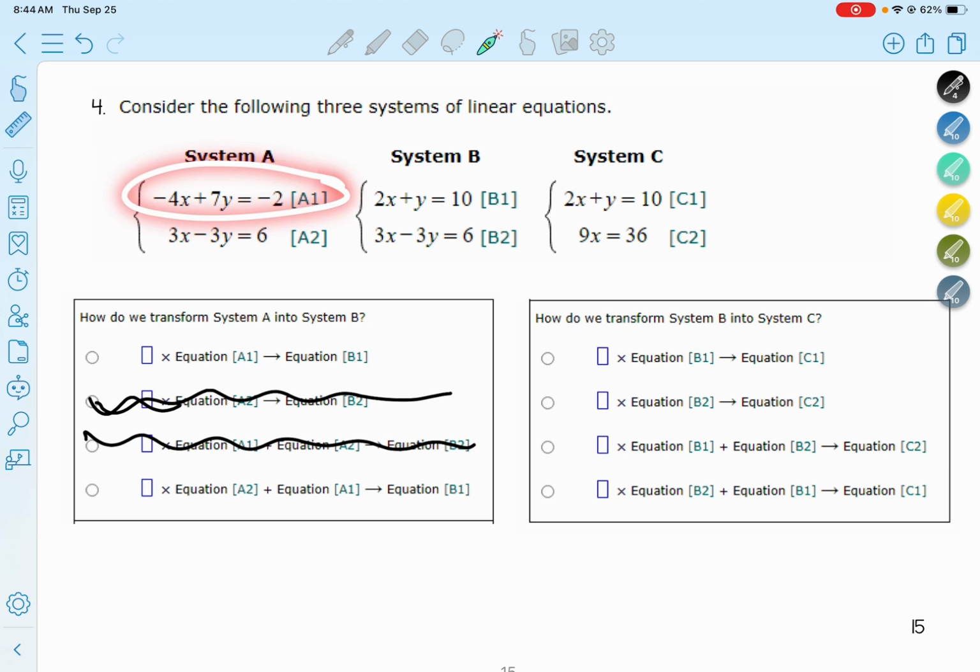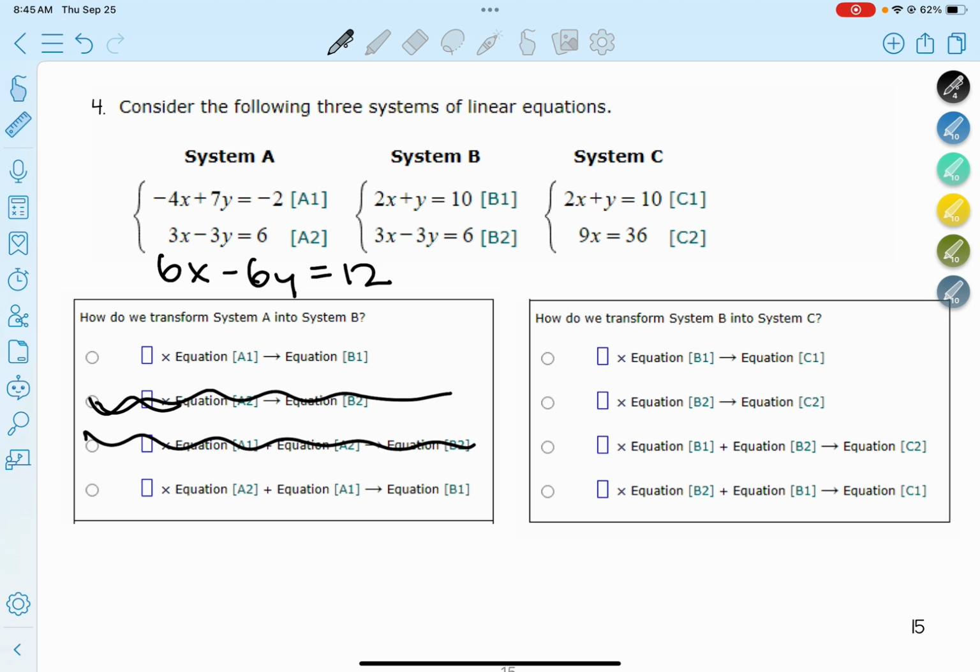Looking from here to here, this is not going to feel very intuitive, or the most logical way to go about this, but what they did is they took this bottom equation and multiplied it by 2, because that would get us 6x minus 6y equals 12.